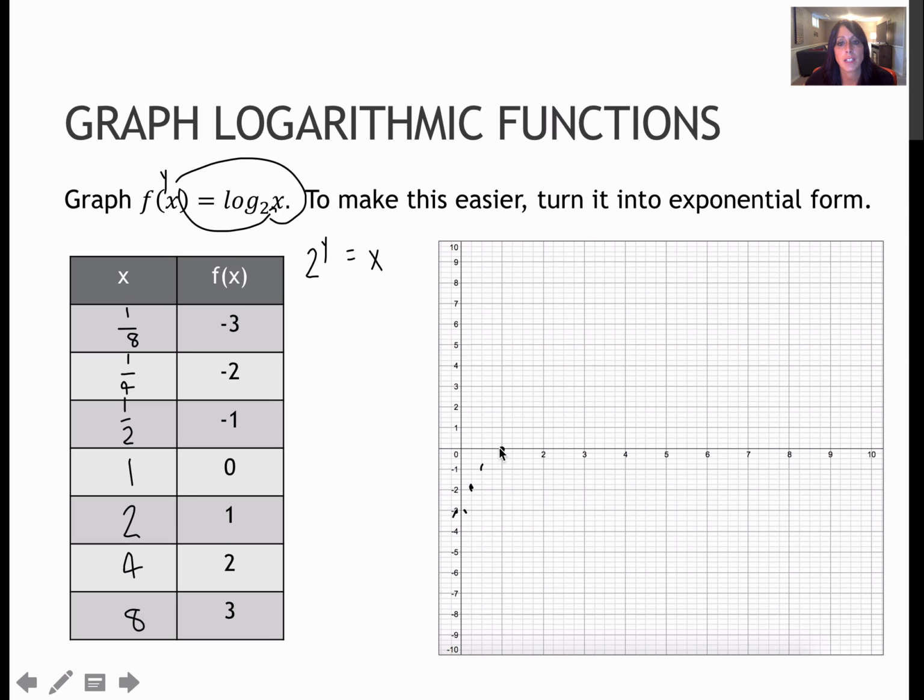At 1, I'm at 0. At 2, I'm at 1. At 4, I'm at 2. And at 8, I'm at 3. So notice, again, this would just be increasing here and looks somewhat like that. So it's increasing very rapidly and then it's evening out.